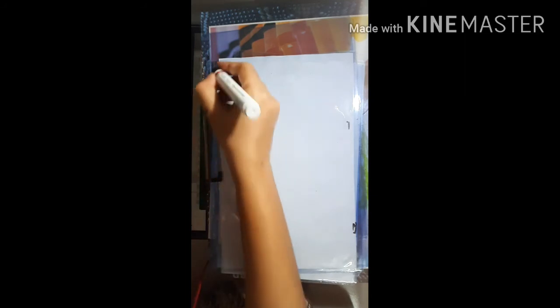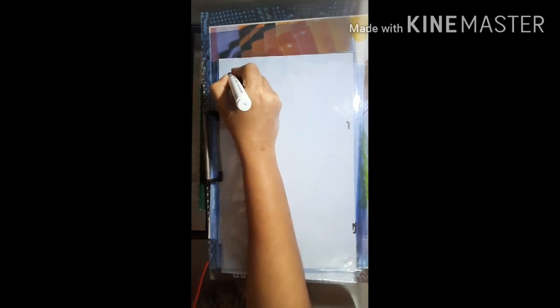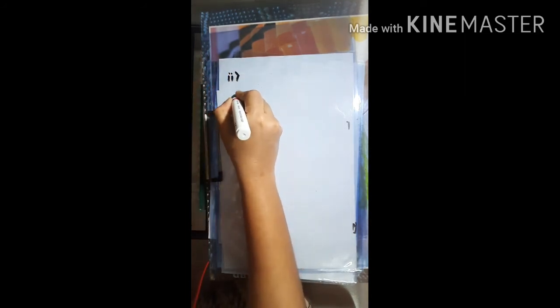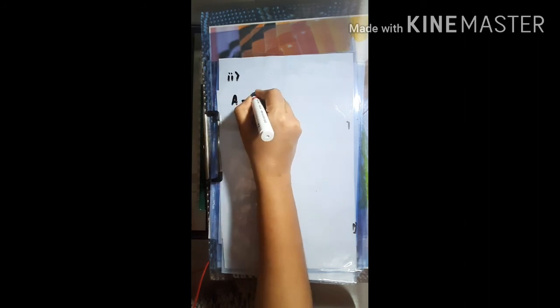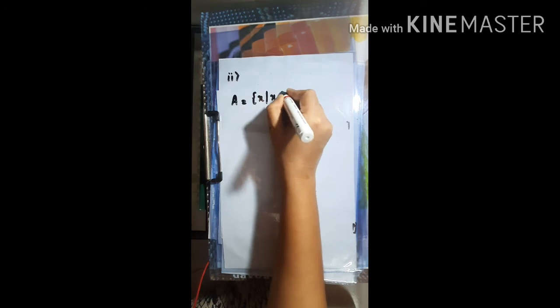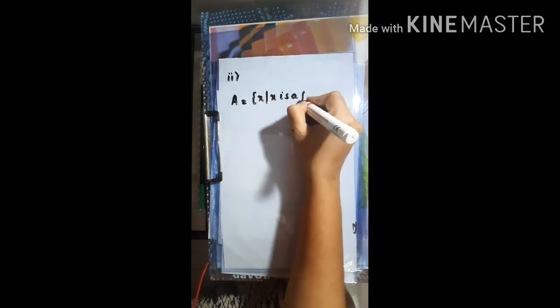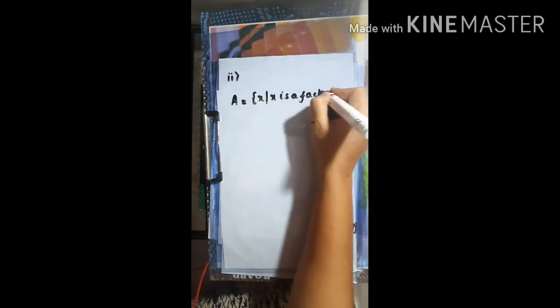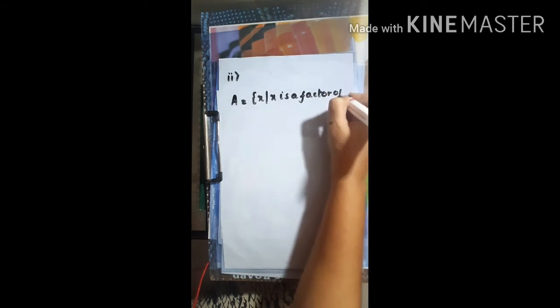Now see here. Second, A is a set of all x such that x is a factor of 12.